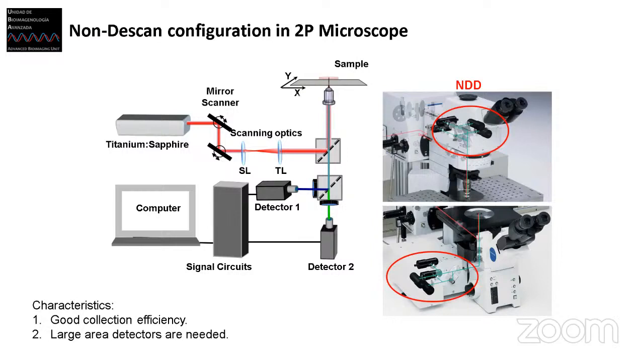And we will see that our diver microscope is in this configuration. We have non-descan. And for those of you who are interested, we can visit the hospital because in the hospital, the other microscope is built in descan mode. So we have one and one, and you will see how each of the configurations looks. But this is a very useful approach for many two-photon excitation microscopes.